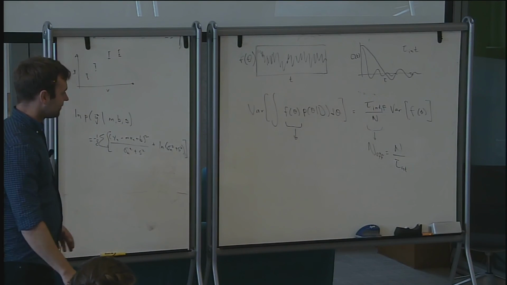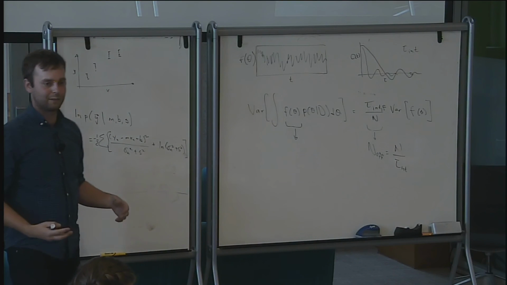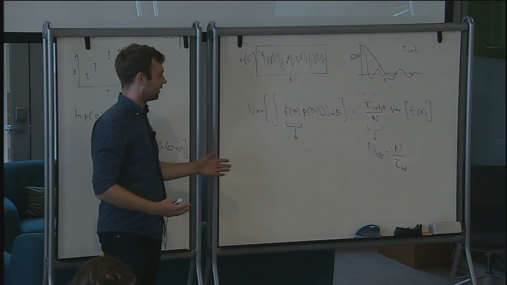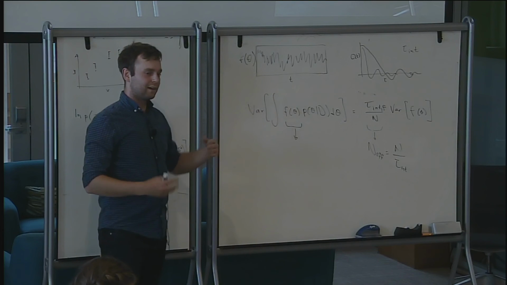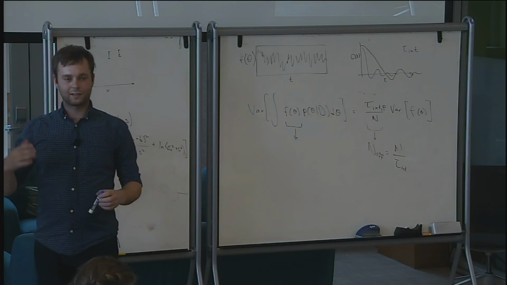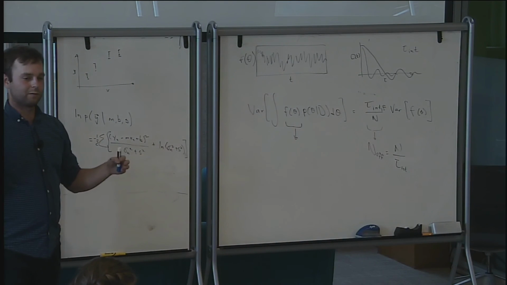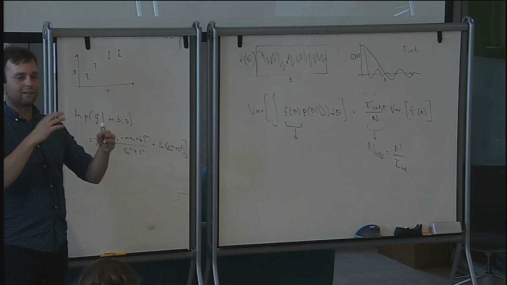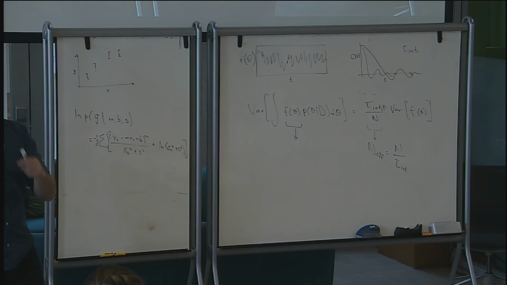That's a proxy that people use, but it's not really justified. And then there's the Gelman-Rubin statistic where you run multiple chains and compare the variance between the chains with the variance within the chain. That's another heuristic that you can use to try to quantify how converged you are.